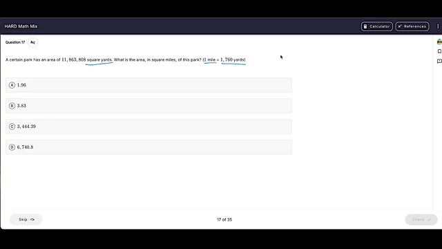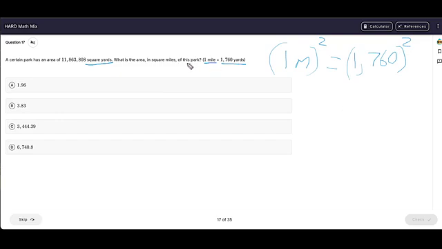It's simply miles and yards, which means 1 square mile is going to be 1 mile squared equal to 1,760 yards squared, which makes a huge difference.